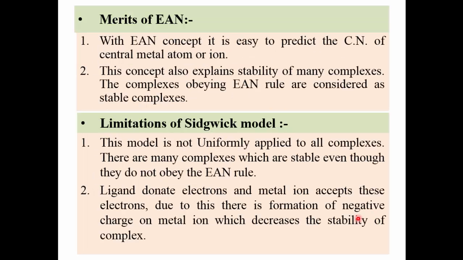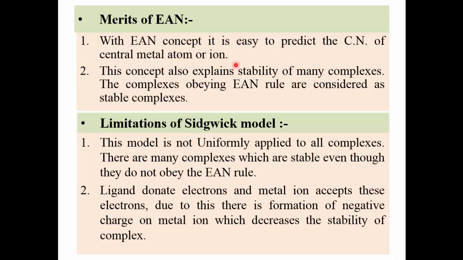Then see the next point, merits of EAN, the effective atomic number. With the help of this concept, it is easy to predict the coordination number of the central metal atom or ion. If 8 electrons are donated to the central metal ion, we say that the coordination number of the metal ion is 4.